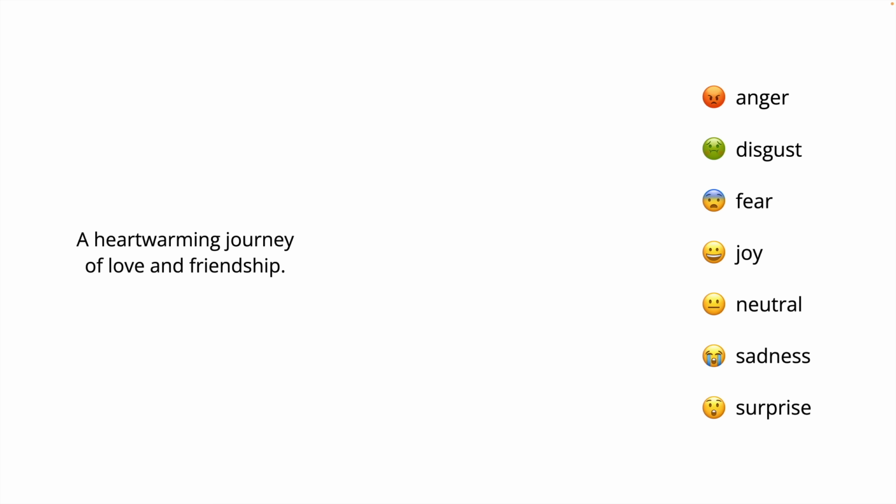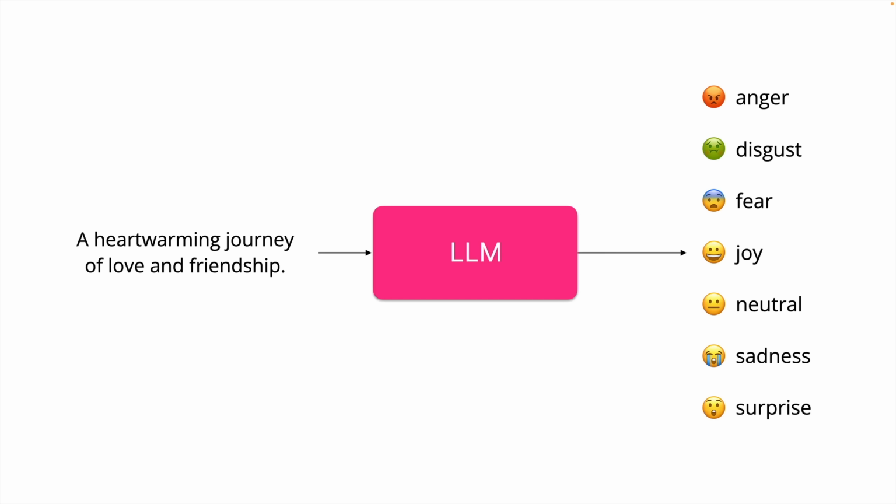So using these categories, we can get an LLM to classify the dominant emotion expressed in our book descriptions. So for example, for this description, our old favorite, Our Heartwarming Journey of Love and Friendship, the LLM is likely to predict that the most likely emotion is joy.